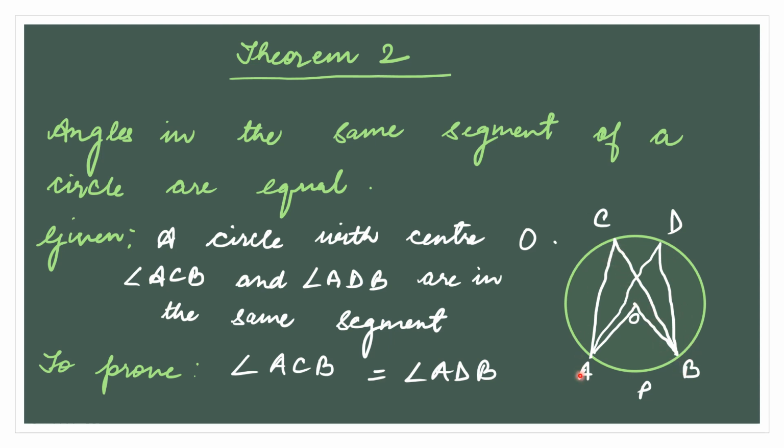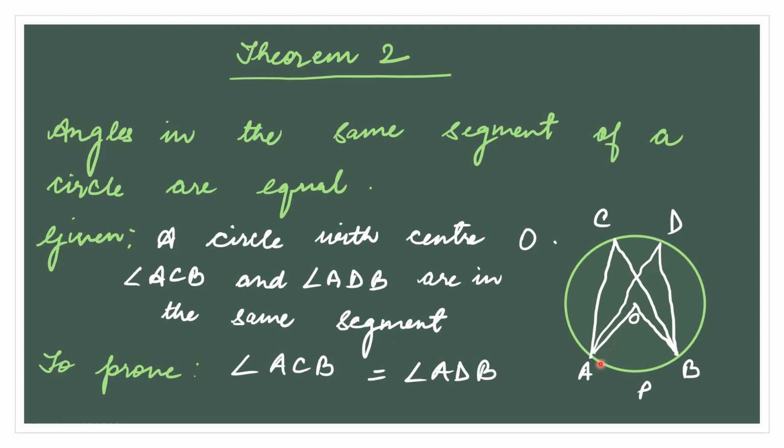Two chords are joining here at the same arc. Can you see the arc AB, APB? This arc subtends an angle ACB at the circumference and angle ADB at the circumference. We have to prove that angle ACB is equal to angle ADB.